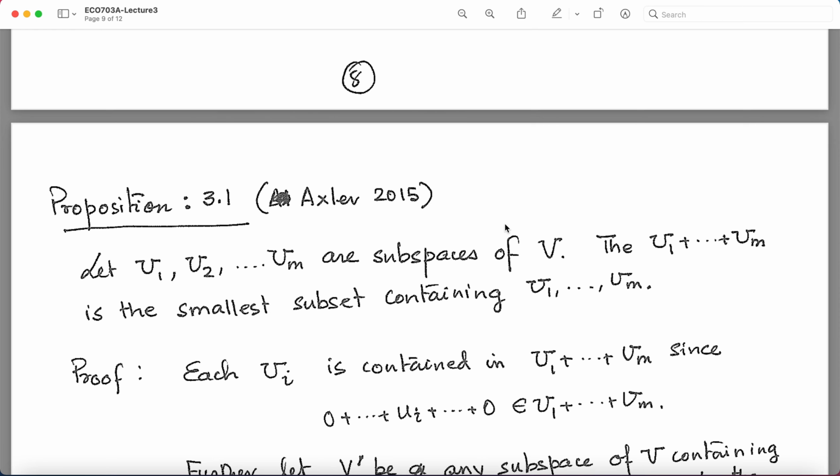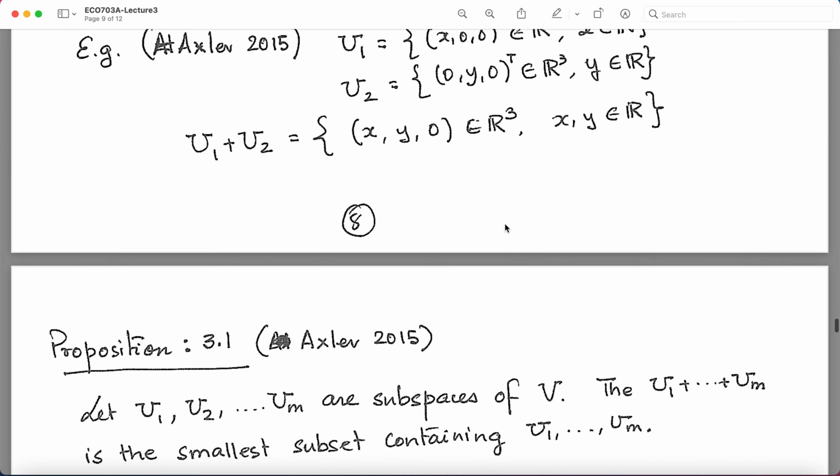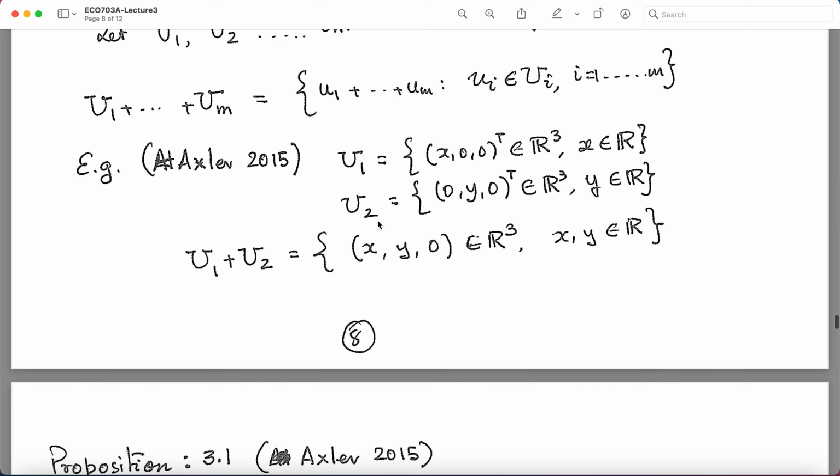If I take two sets which are not subspaces, for example, I take U1 as the set of all x plus y equal to 1, and then I take one set to be the x axis and one the y axis.